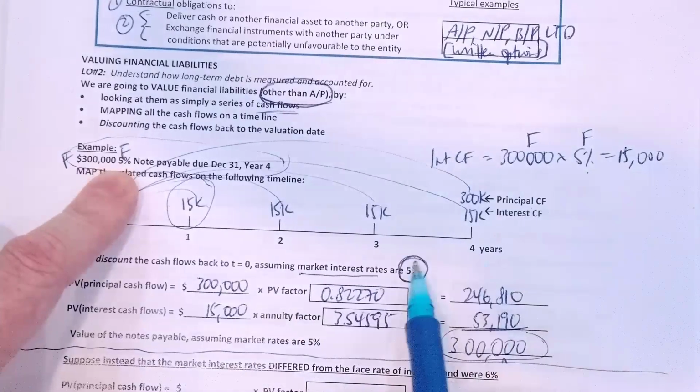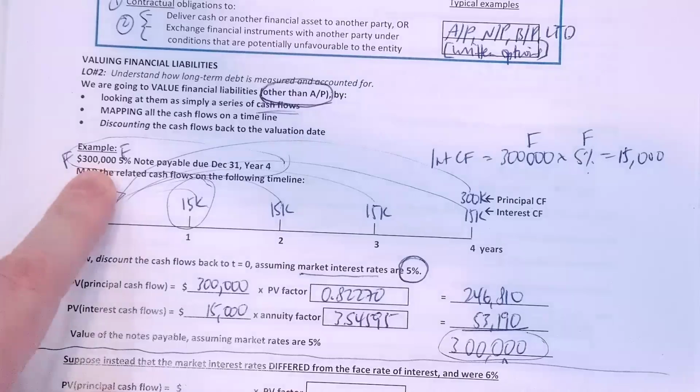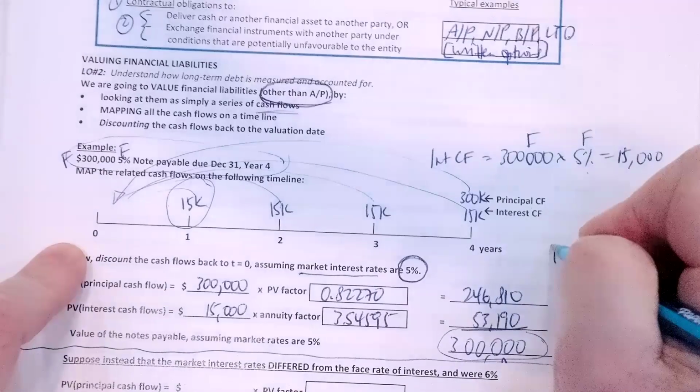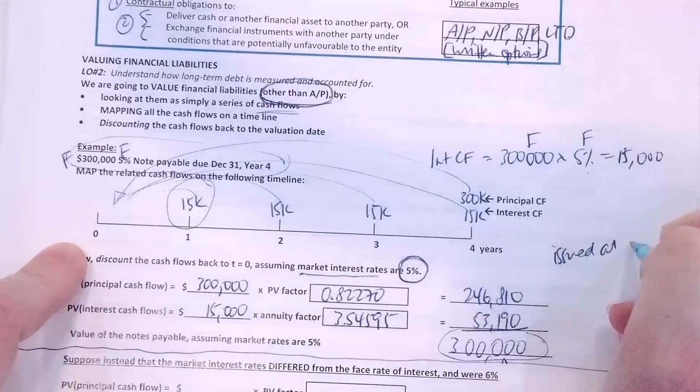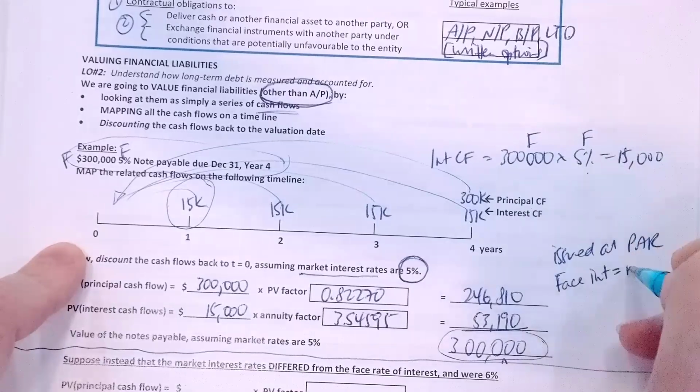When they are identical, which is sometimes called the bond was issued at par, well, then the present value of the cash flows is the same as the face value of the bond. So this is issued at par, which means face interest equals market interest.